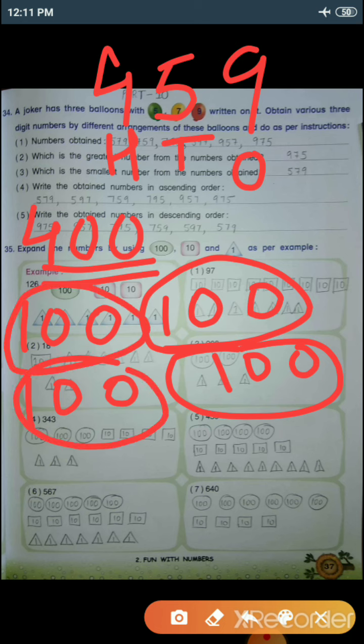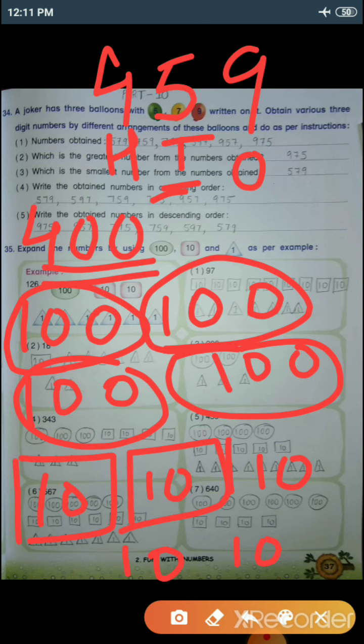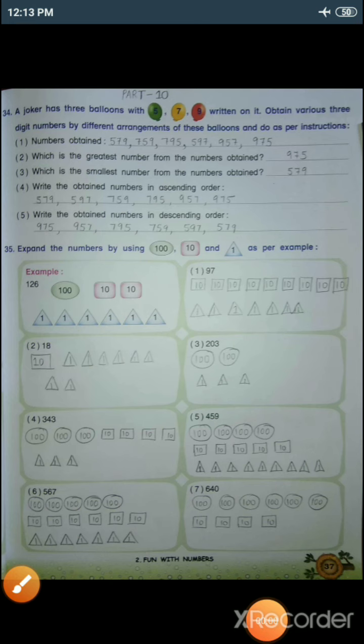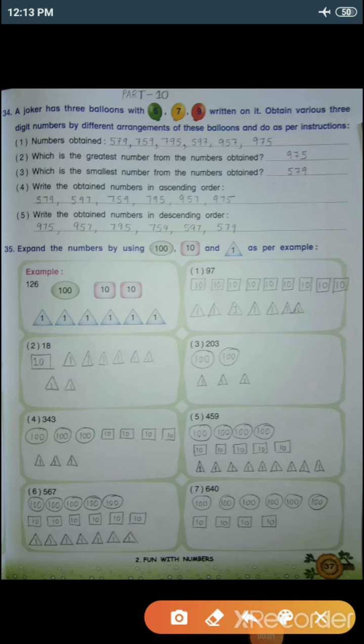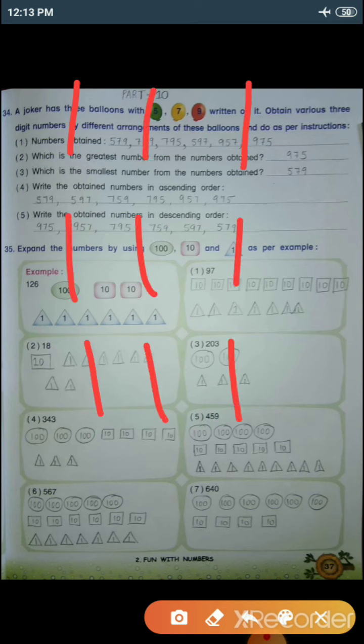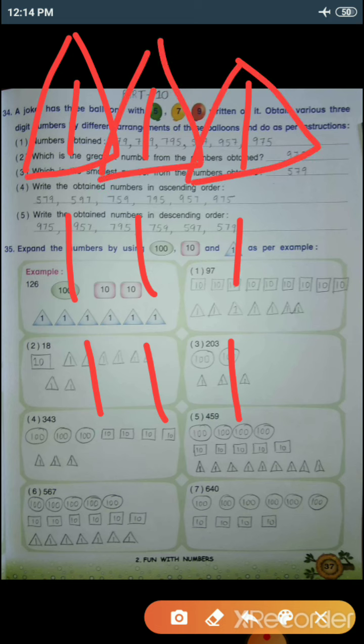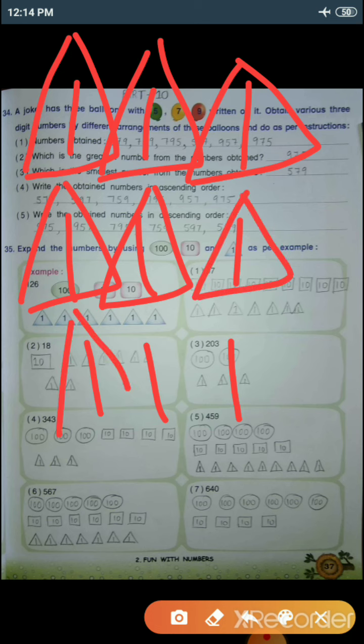Next, 5 is on tens place, so we'll write 10 how many times? 5 times, and in a square box. Now 9 is on ones place, so we'll write 1 how many times? 9 times, and we put a triangle on it because ones place is indicated with a triangle.